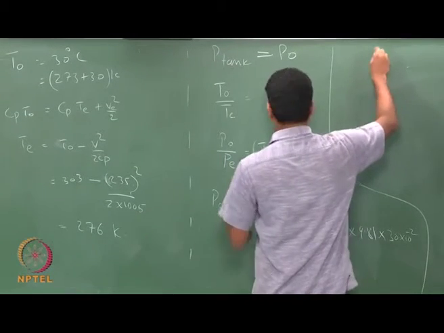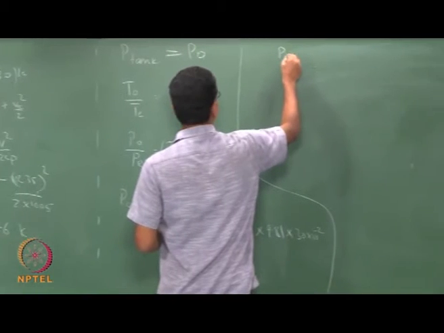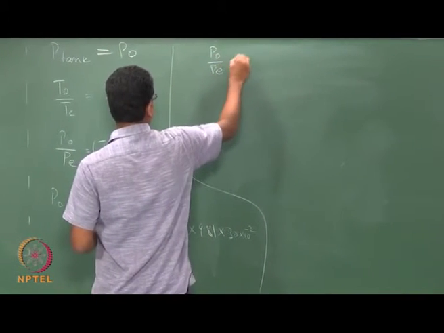So, your T by P exit is now decided by this relation.